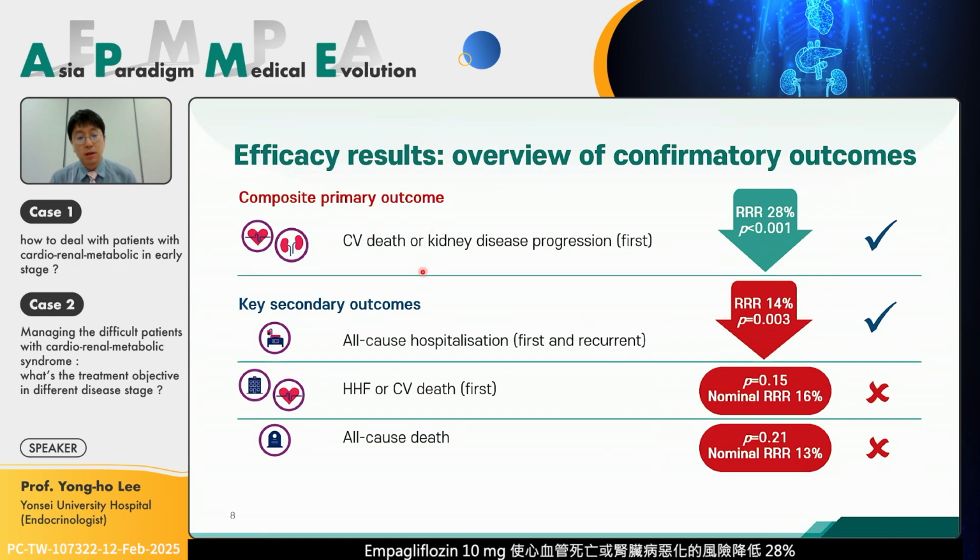The composite of CV death or kidney disease progression was decreased by 28% by empagliflozin 10 milligrams. Other secondary outcomes such as all-cause hospitalization, heart failure hospitalization, or all-cause death were decreased, but only all-cause hospitalization was significantly decreased, by 14%.